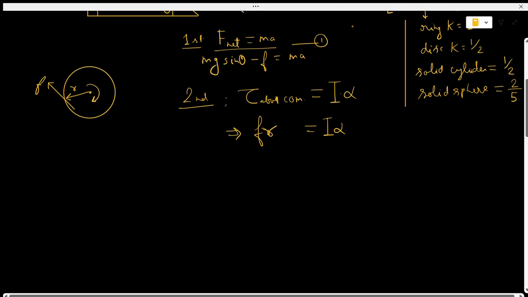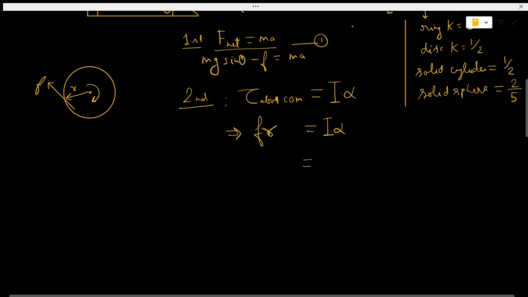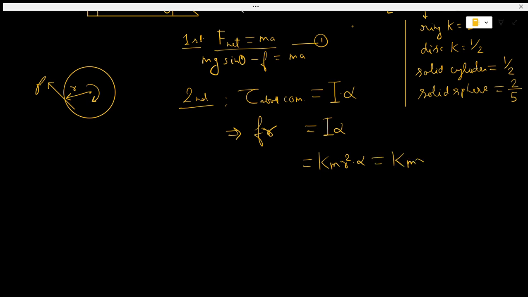Now we can write I alpha as kmr square into alpha. And what is alpha? Alpha is the angular acceleration. So we can write kmr square into a upon r, where r is the radius and a is the acceleration.